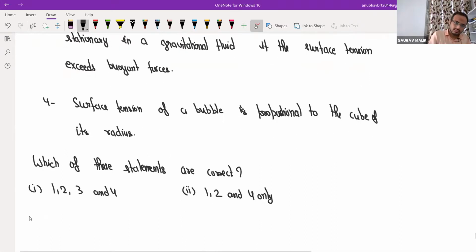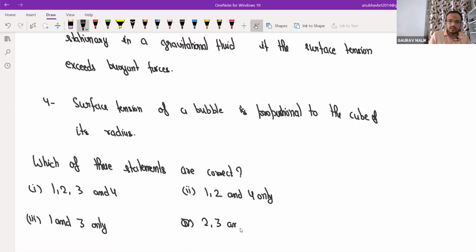Third one is 1 and 3 only. And last, 2, 3, and 4 only. Take your time of 90 seconds and just try to think. And this year in GATE 2021, you need to face such types of questions.